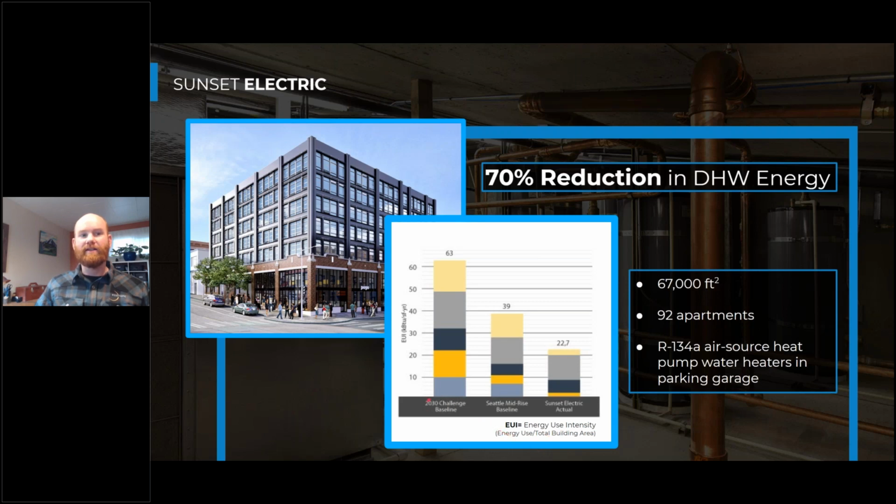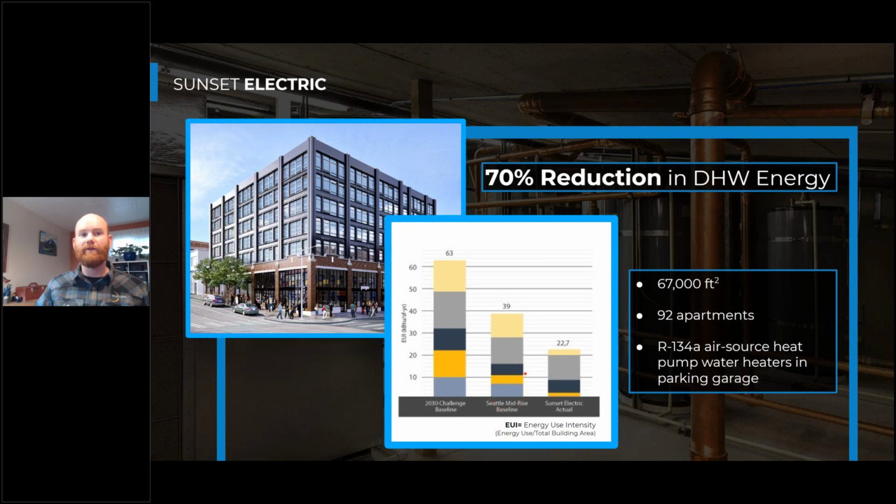And so we can look at the 2030 baseline challenge, and we see that there's an EUI of about 63. So there's a lot of energy that's going into this building over the course of the year. We look at the Seattle mid-rise baseline, we have lesser cooling load, or we typically have. And so this is less.